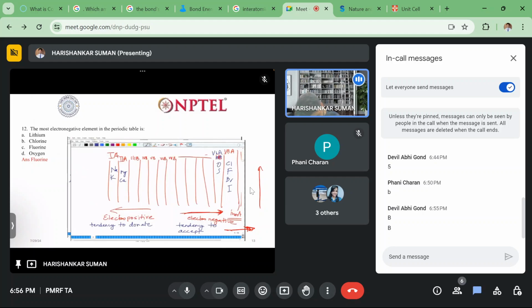So fluorine is the highest electronegative. We have already, I think, read and learned about this in 12th class in the periodic table. Okay.